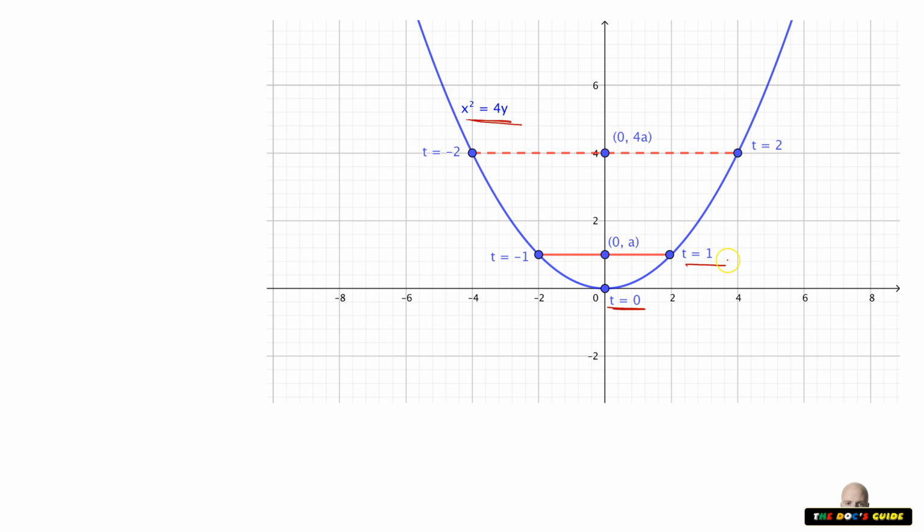When t equals 1 or minus 1, so there's symmetry as we'd expect, then the y value is the focal length.